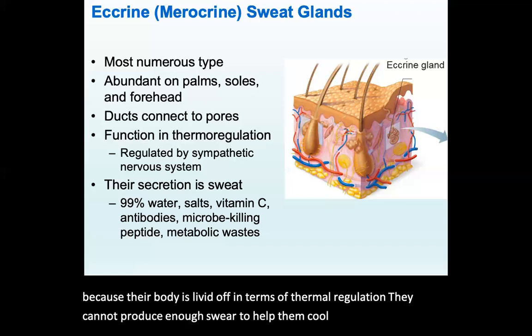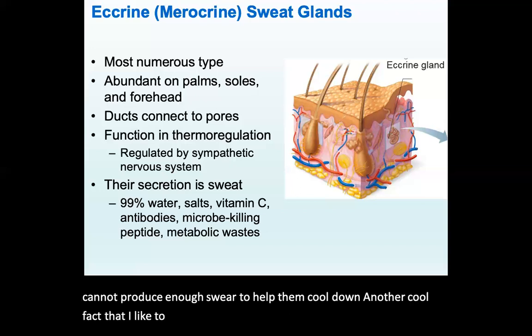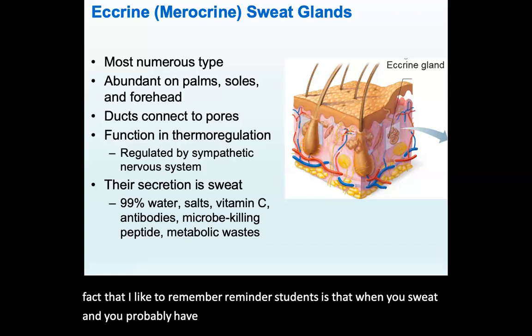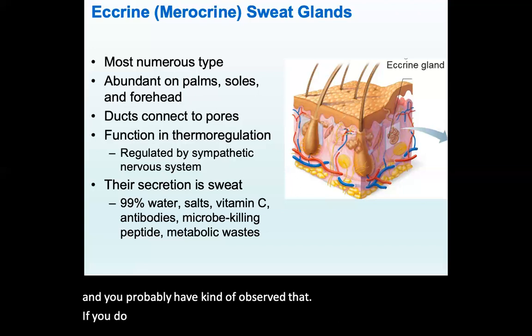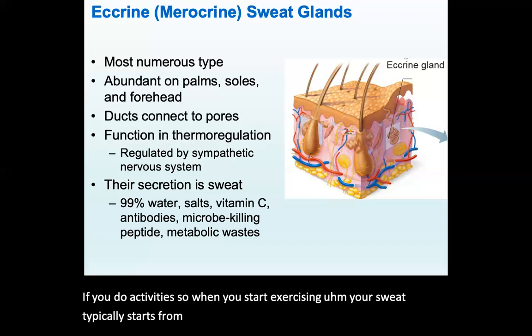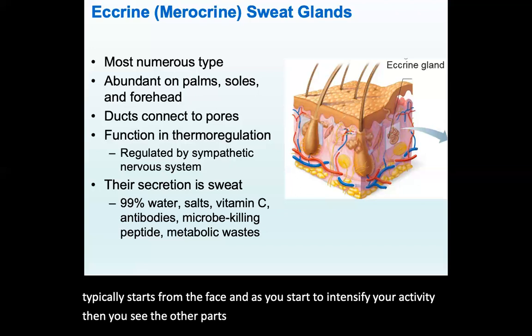Another cool fact that I like to remind the students of is something you have probably observed when you do activities. When you start exercising, your sweat typically starts from the face, and as you intensify your activity, you see other parts of your body sweat, right?